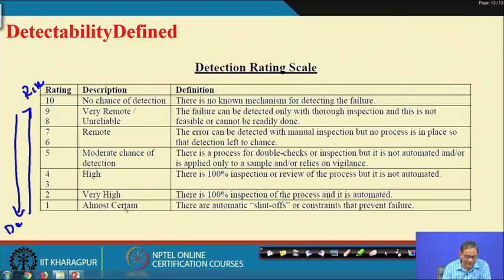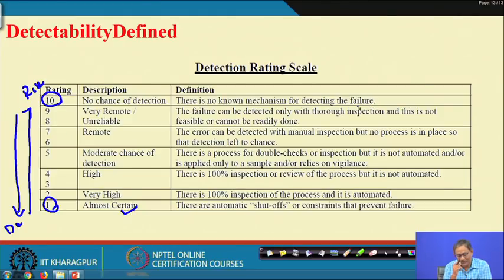When detectability is almost certain, you are putting the rating 1. When there is no chance of detection, you are putting 10, and in between similarly very high, moderate, remote, very remote, no chance, like this. And the description is given here. When no chance of detection, there is no known mechanism for detecting the failure.